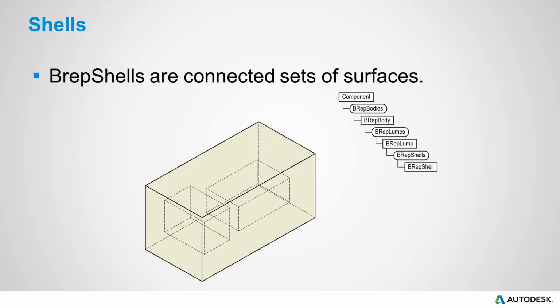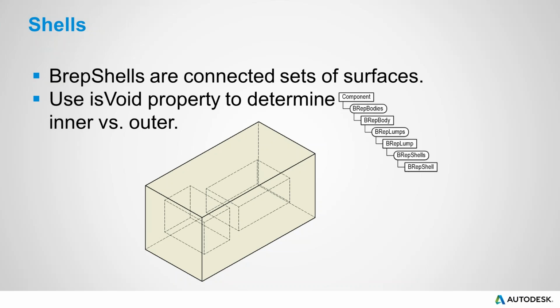So it's one body, but I've got these hollow spaces within the body, and each one of these is represented as a shell. The BREP shell has a property on it called isVoid. If isVoid is false, then I know I have the outer shell, and if isVoid is true, then I know it's one of the inner two shells.